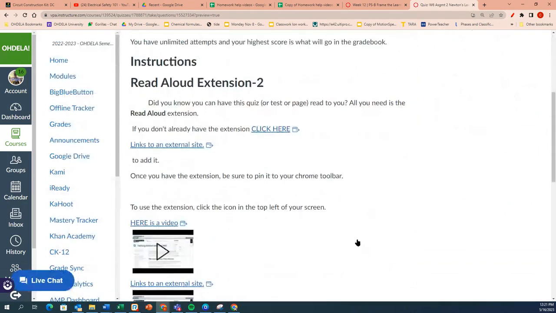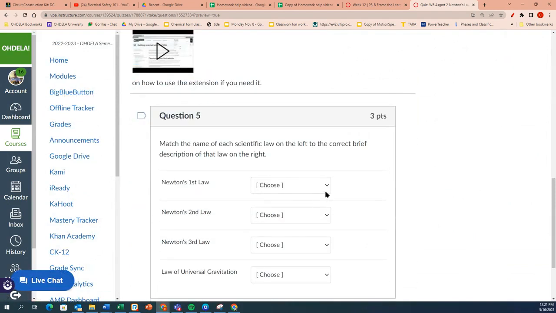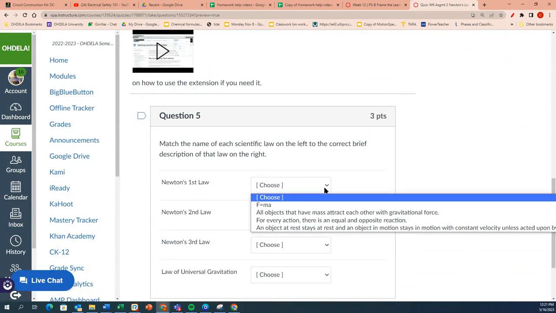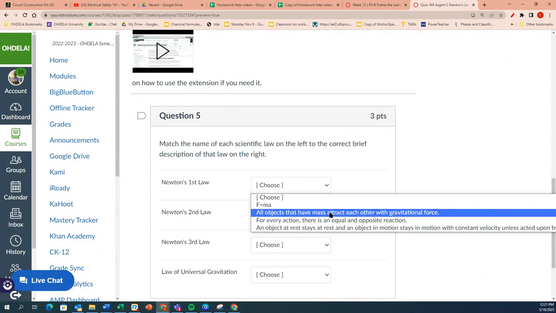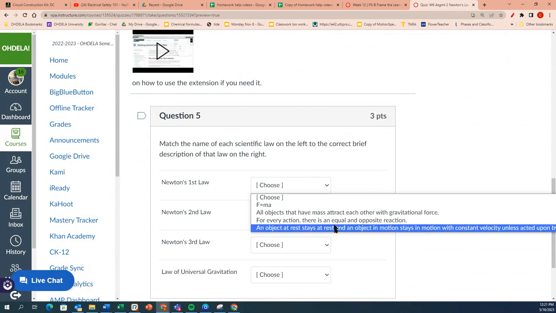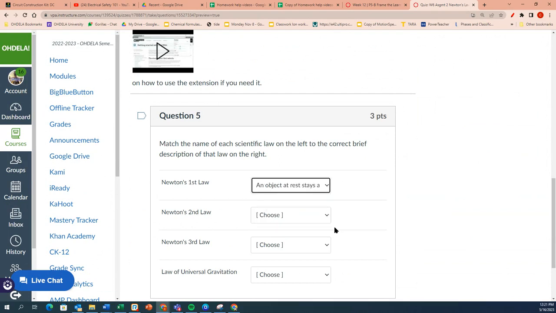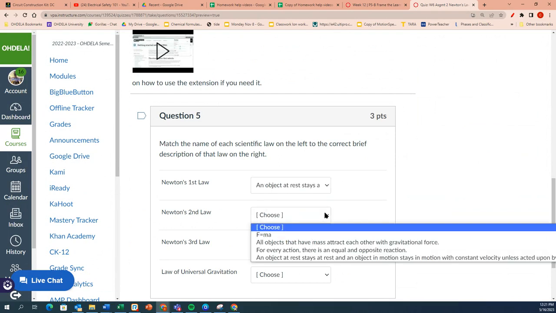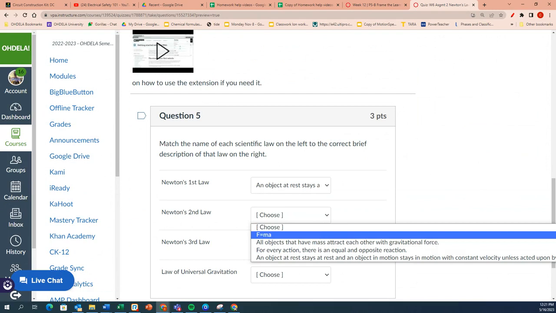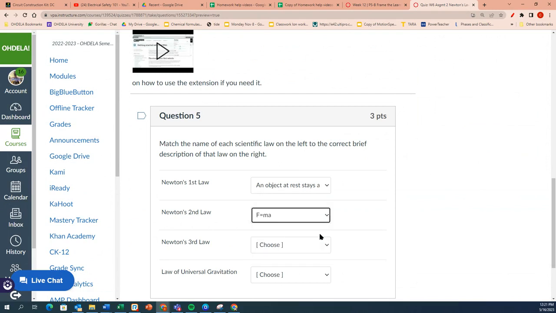Number 5, Newton's first law states that an object at rest stays at rest. An object in motion stays in motion with constant velocity unless acted upon by an unbalanced force. Newton's second law, remember, is that force equals mass times acceleration.